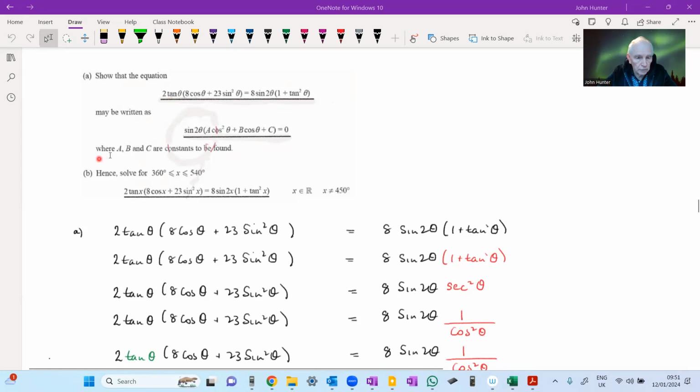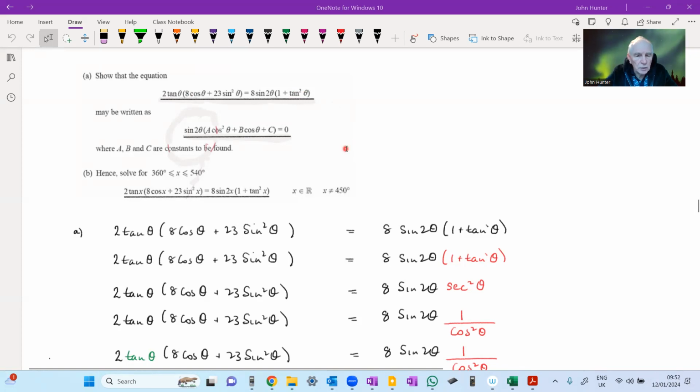So we've got to find A, B, and C. But first, we've got to actually show that this equation equals that equation. So it's an identity. In this case, we're transforming an equation rather than just an expression, but it's the same either way, really.